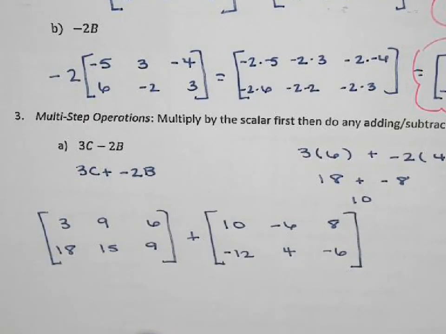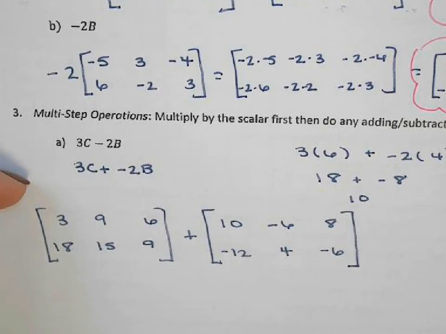Is that okay? Are we okay with how I got this problem, how I turned 3c plus negative 2b into this problem here?